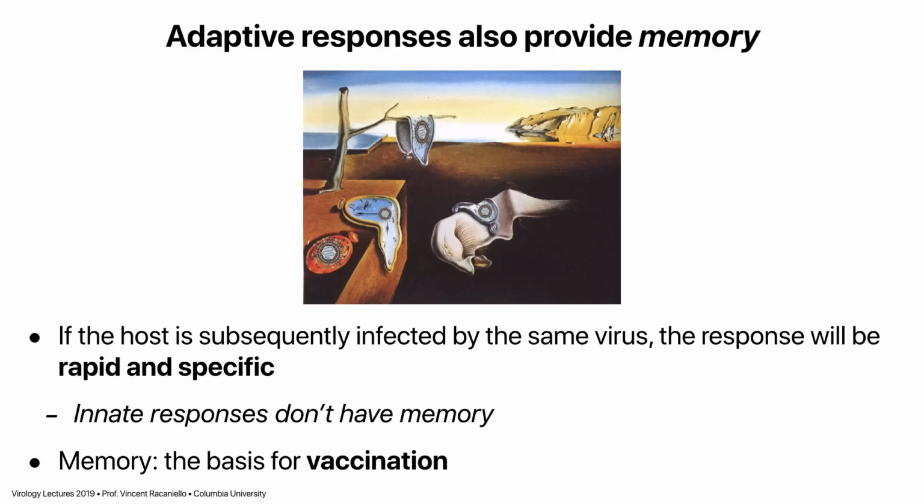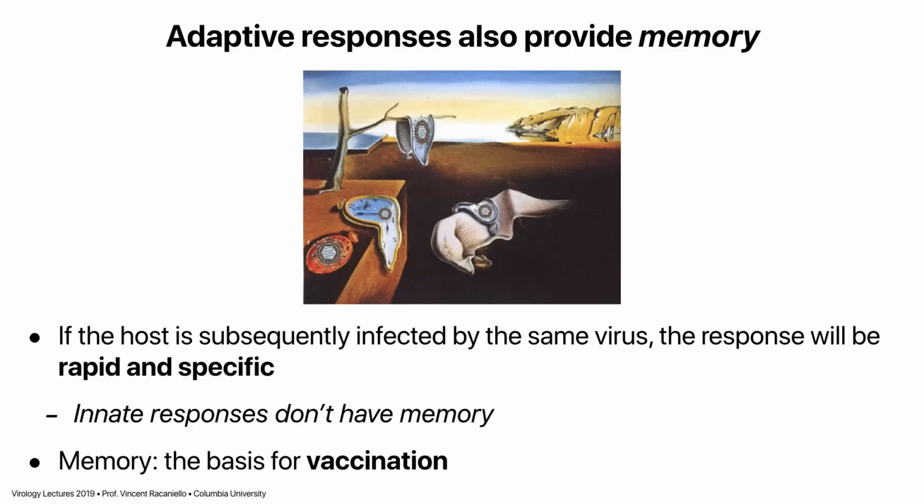Now, these responses that we've talked about, both B and T cells, provide memory because you go through a lot to make specific antibodies and CTLs. Why waste it? So if you were infected again, you're going to get a rapid, specific response. As I showed you earlier, it's not going to be delayed, it's going to be more robust.